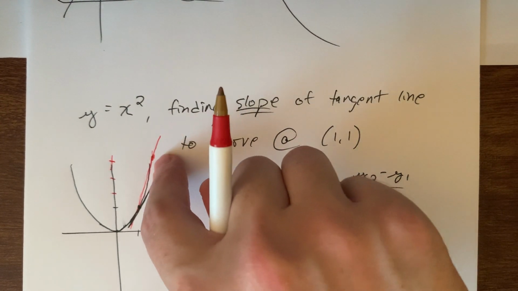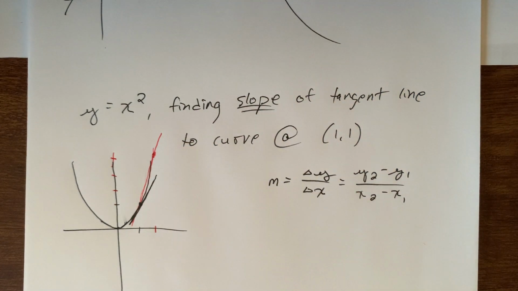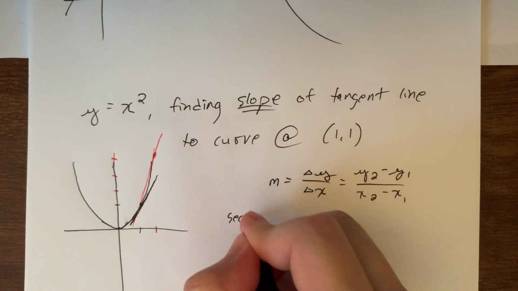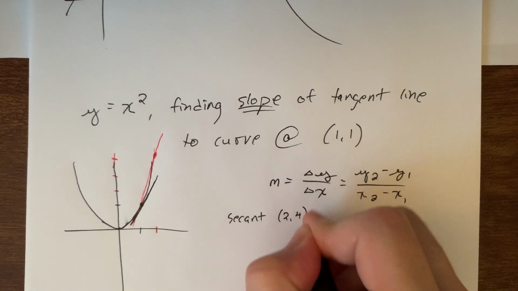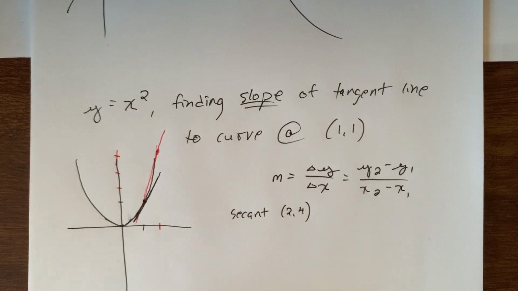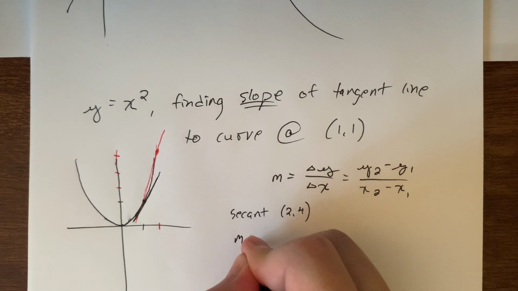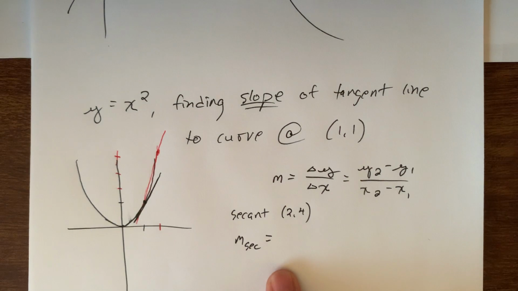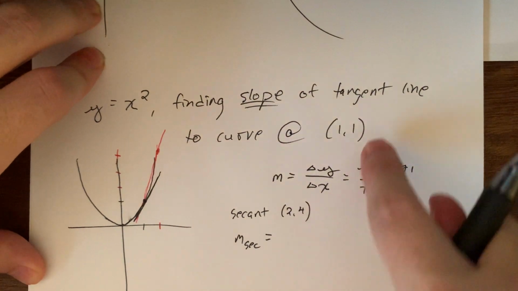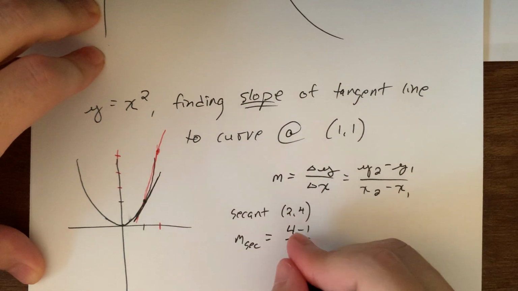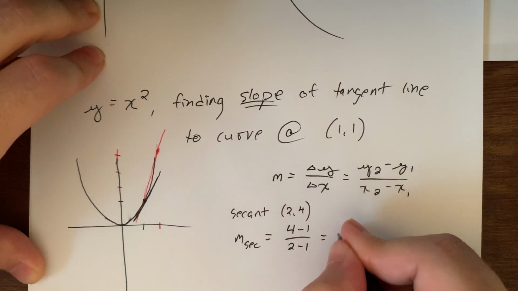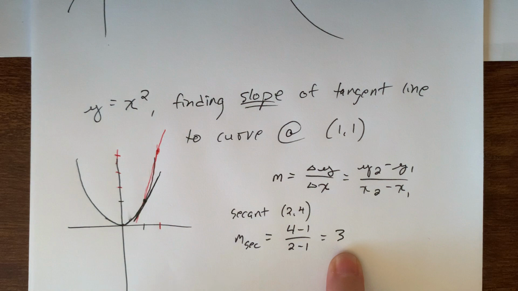So if I could find the slope here, I'm always going to use 1, 1, but now as I start moving into secant lines, I need a second point, so I'm going to use 2, 4. So I'm not going to get the slope of the tangent line, but the slope of the secant line. I'll do y minus y, 4 minus 1, over x minus x, 2 minus 1, and I'll get 3 over 1, which is 3.